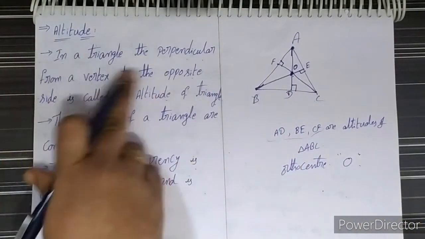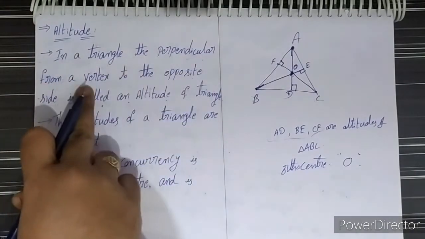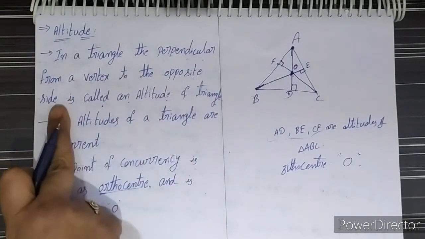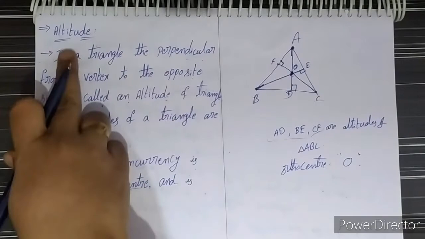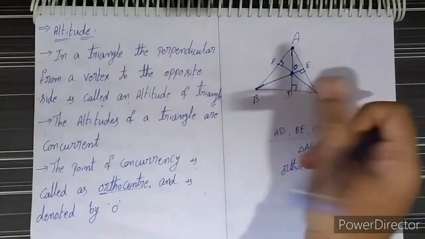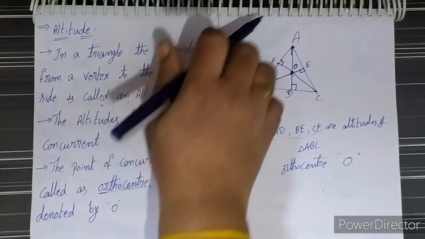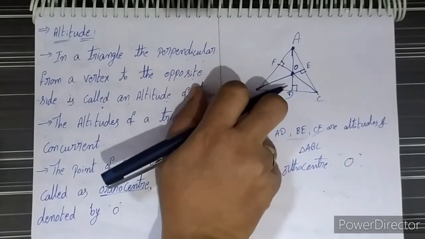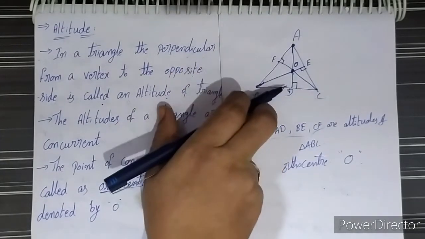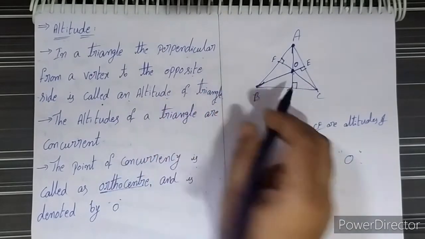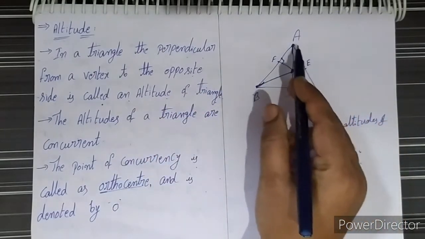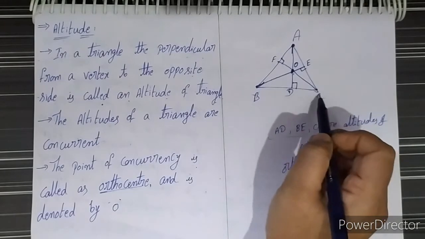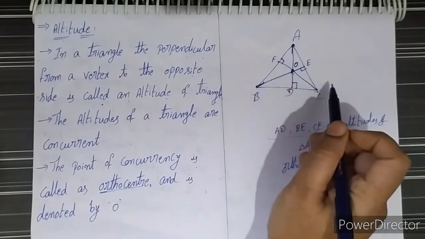Altitude means, in a triangle, the perpendicular from a vertex to the opposite side. The altitude is drawn from the vertex to the opposite side. The perpendicular lines are AD perpendicular to BC, BE perpendicular to AC, and similarly, CF perpendicular to AB.